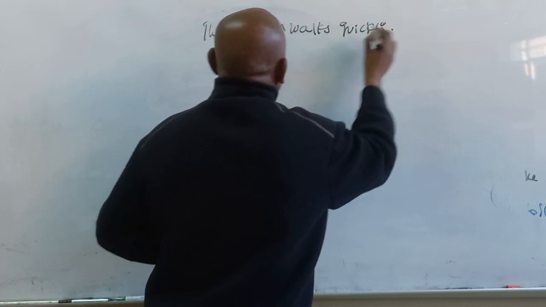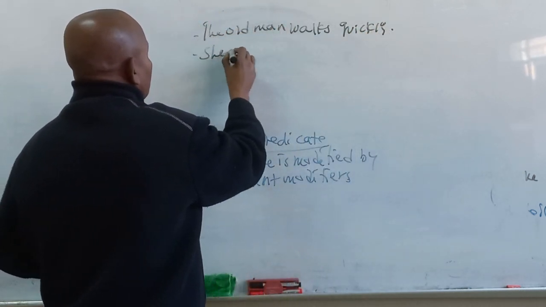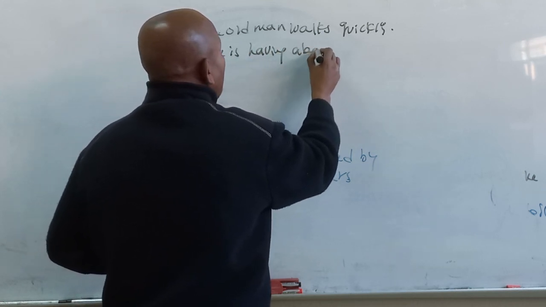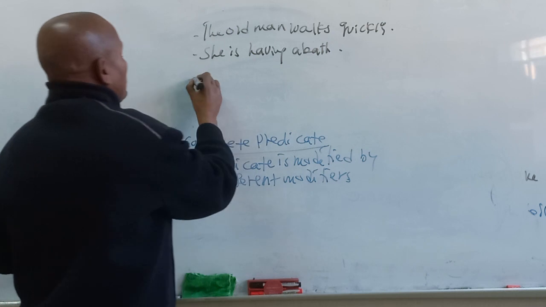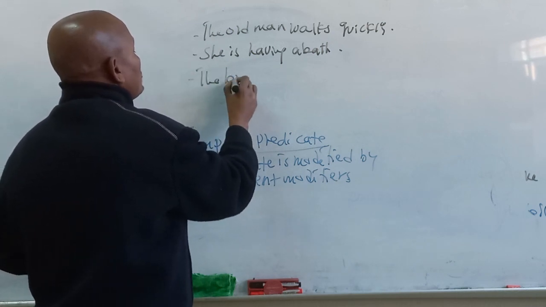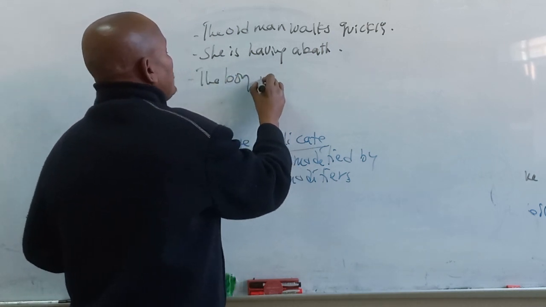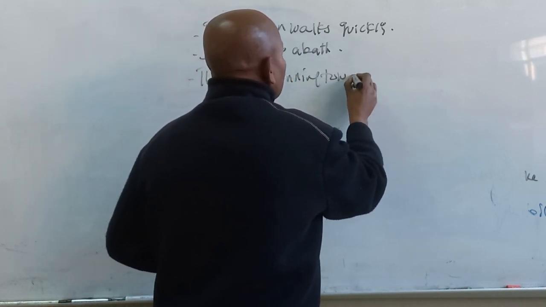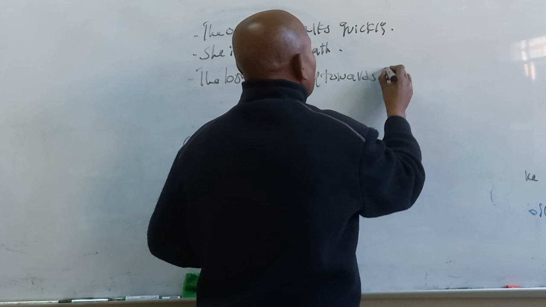Look here: the old man wakes quickly, or here she's having a bath. Another example: the boy is running towards the field.